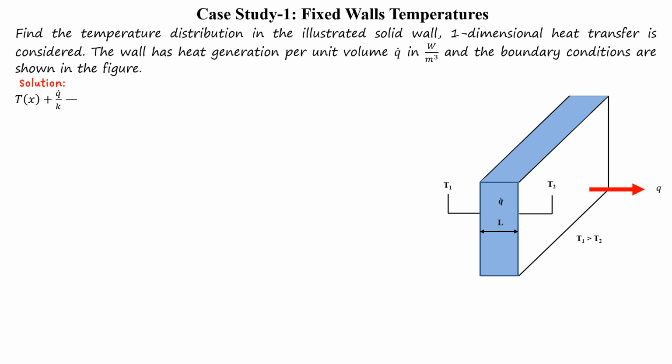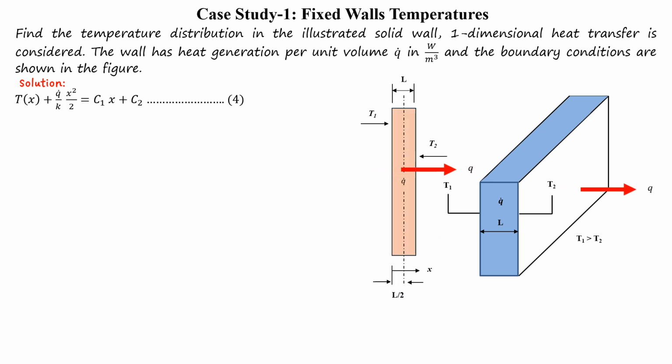If we go back to our magic equation, T of x, the point is how to find the constants C1 and C2. Usually for this type of equation, we will need two boundary conditions.